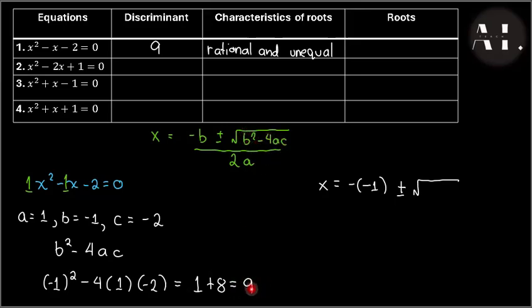Substitute 9 as the discriminant value for the first equation, so we will have the square root of 9. The negative of negative 1 is positive 1. The square root of 9 is 3.